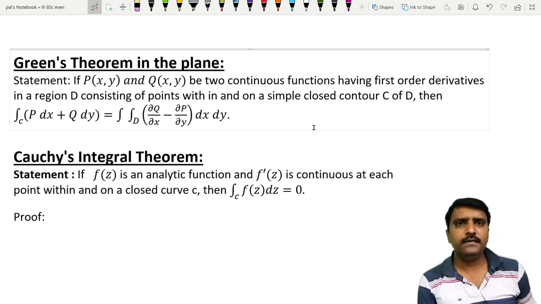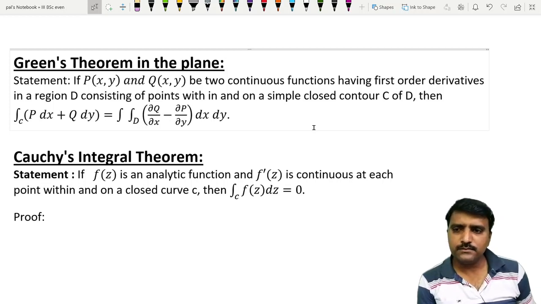Then the integration of P dx plus Q dy over C, that is the line integral, is the same as the double integration of del Q by del x, the partial differentiation of Q with respect to x, minus del P by del y, the partial differentiation of P with respect to y, into dx dy over the region D. So that is the relation.